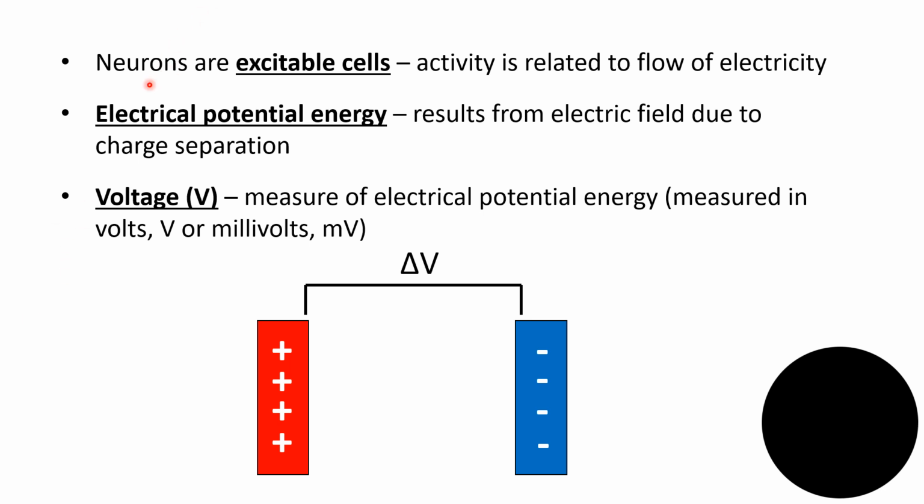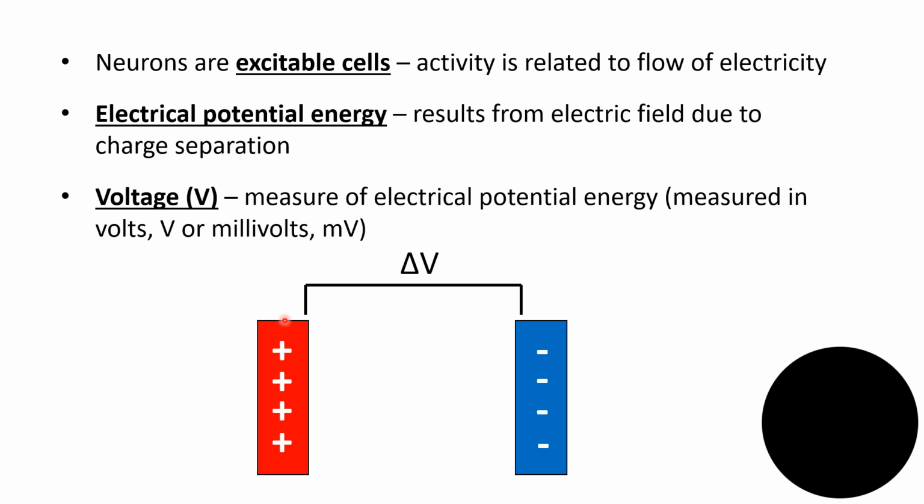Neurons are called excitable cells. What this means is that their activity is related to the flow of electricity. Now, I want to define a couple of things for you. Electrical potential energy results from an electric field due to charge separation.